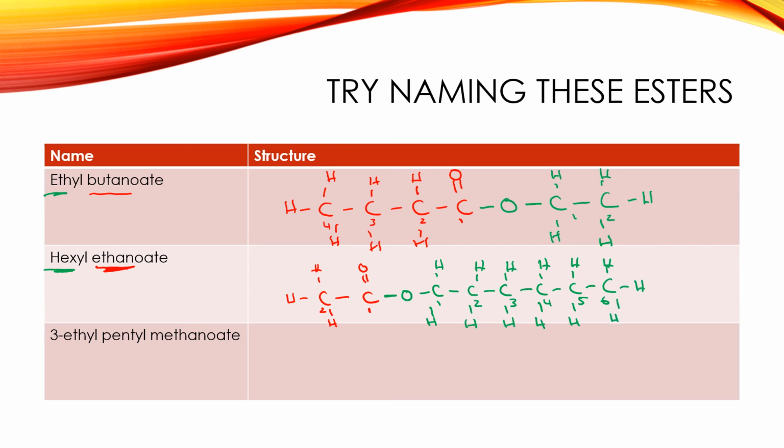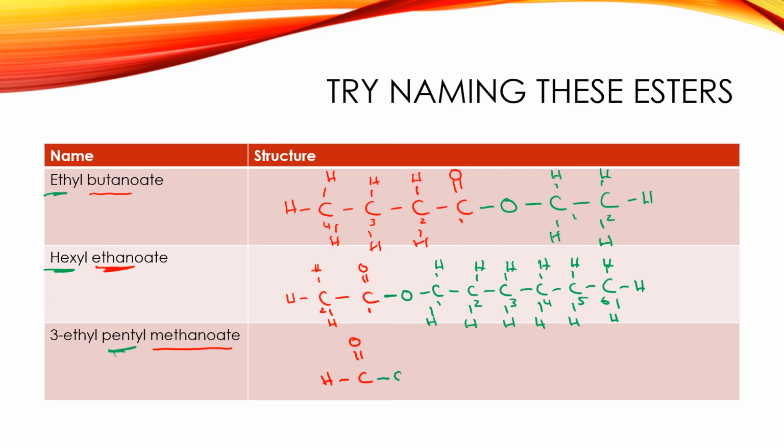Next one, 3-ethylpentyl methanoate. The methanoate is from the carboxylic acid group. There's carbon number 1. The pentyl came from the alcohol group.